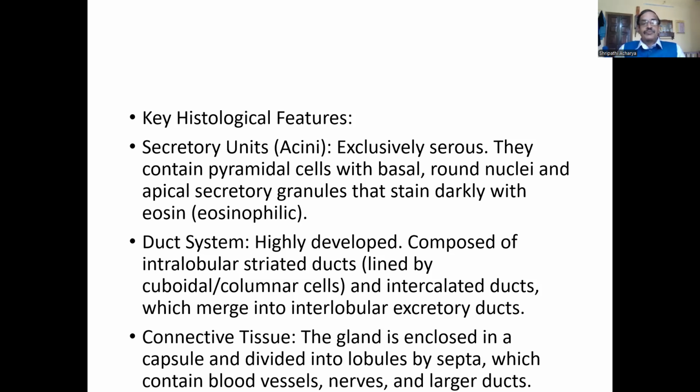Duct system: highly developed, composed of intralobular striated ducts lined by cuboidal or columnar cells and intercalated ducts which merge into interlobular excretory ducts. Connective tissue: the gland is enclosed in a capsule and divided into lobules by septa, which contain blood vessels, nerves, and larger ducts.